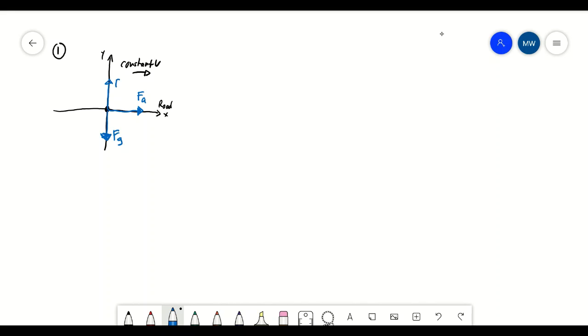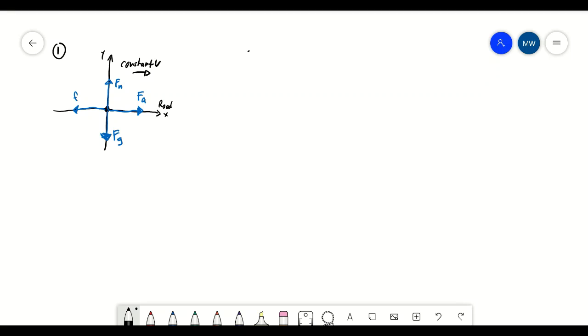That's the road pushing back up. And in this case, we have our frictional forces going to the left. And that's it for now. That's all we'll do for our free body diagram. We have our 4 forces that are acting on the object. And we'll do more with these types of problems later on, but for now, that's good enough.